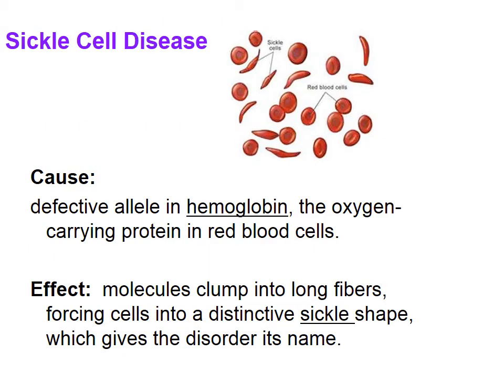Now, one genetic disease that you guys may or may not know about is sickle cell anemia or sickle cell disease. And what this is caused by is a defective allele in hemoglobin. And hemoglobin is the protein that carries oxygen. And what happens to people who have this? Well, their red blood cells have a distinct sickle shape, okay?